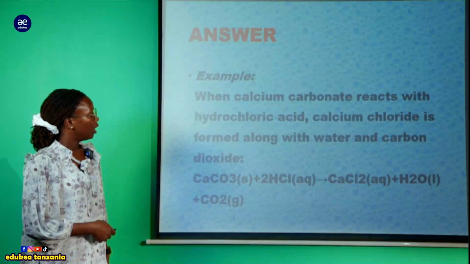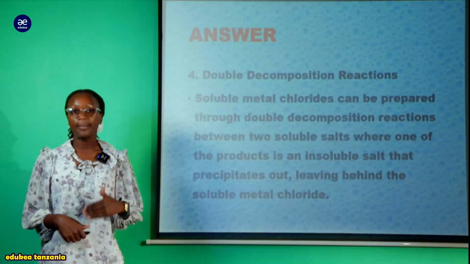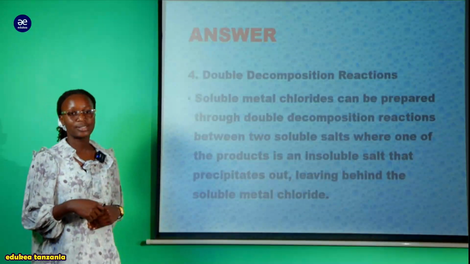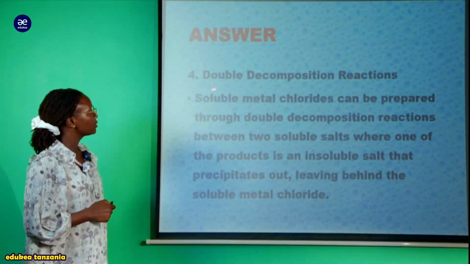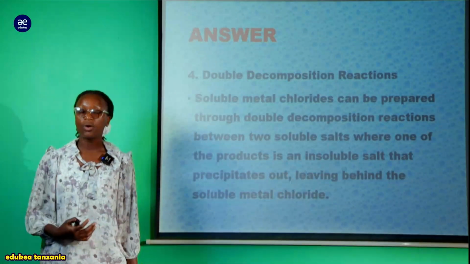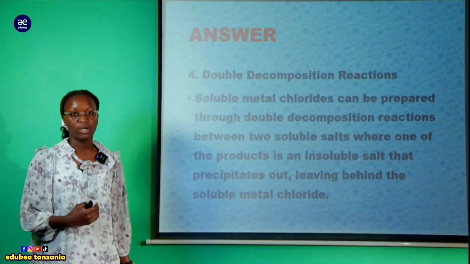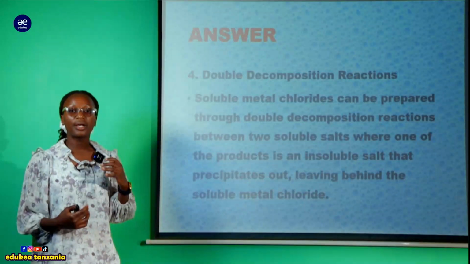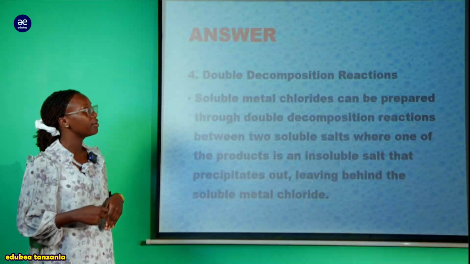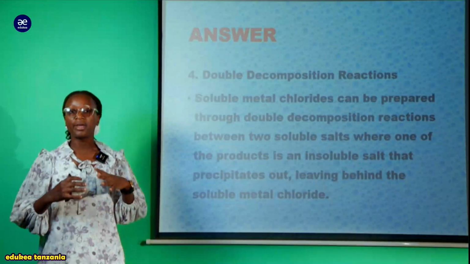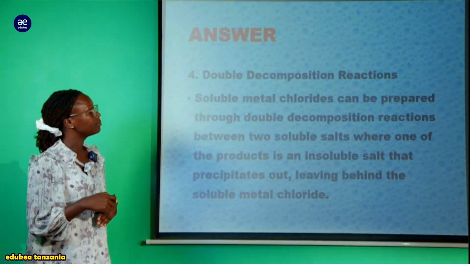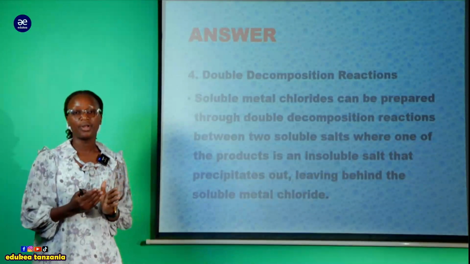gas. Okay, another method which can be employed to prepare this chloride compound is using the double decomposition reaction. You can recall, we studied the types of reactions, decomposition reaction in general, and double decomposition.